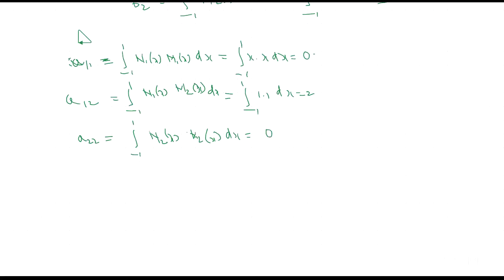So A21 gives the value of the integration from minus 1 to 1 of N2(x) M1(x) dx. So this gives the value 2 by 3.